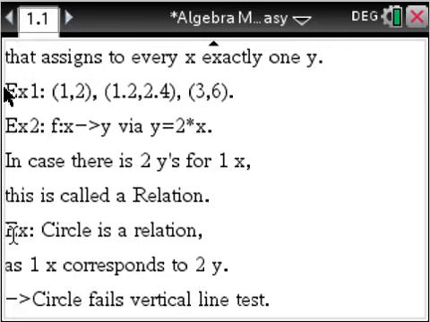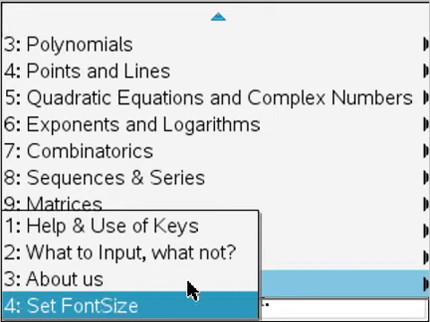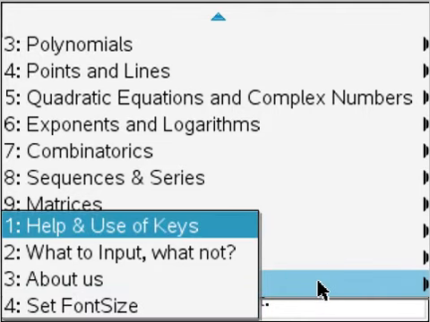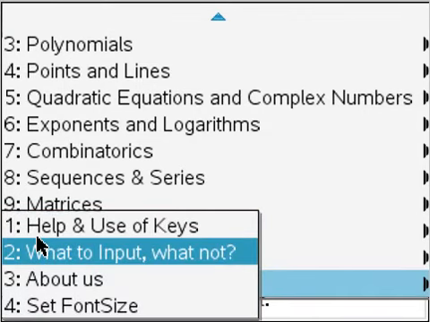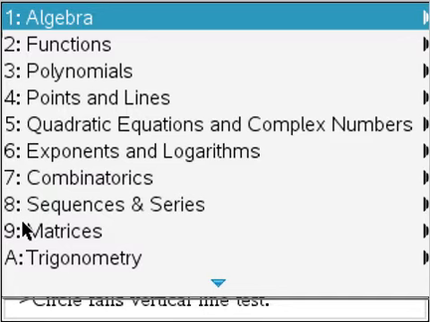If you go back to menu, we also have other chapters that cover other parts of algebra, and of course our about and help section. If you need to contact us or you don't really understand part of our app, we're here for you, and you can always give us a call or contact us.